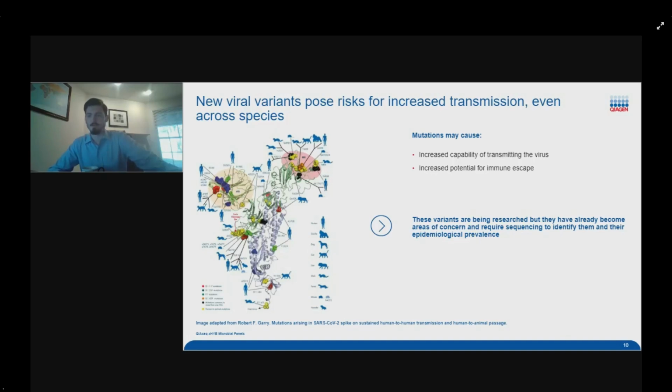It also helps really track how a virus progresses through a population, and has been proven to be a useful tool in epidemiological research.